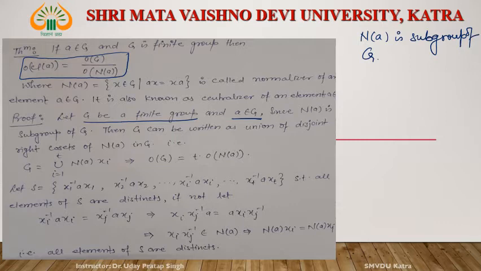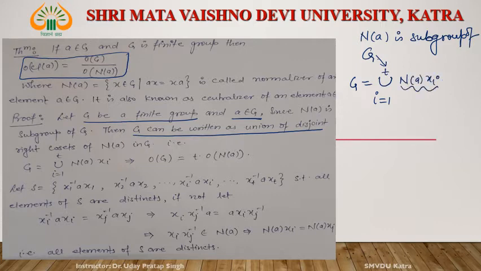Then G can be written as a union of right cosets of N(a). That is, G is equal to the union, for i equal to 1 to t, of N(a)xi.